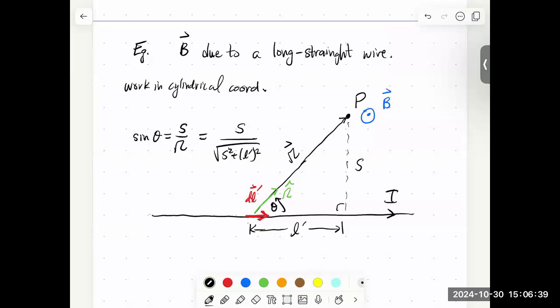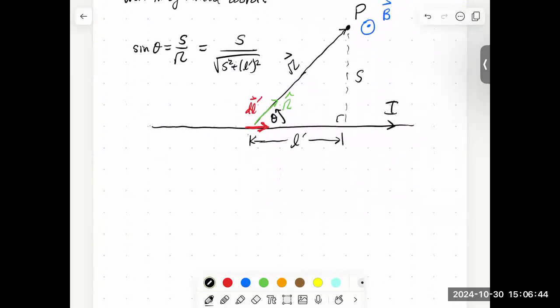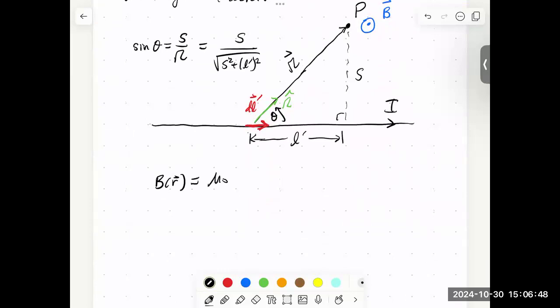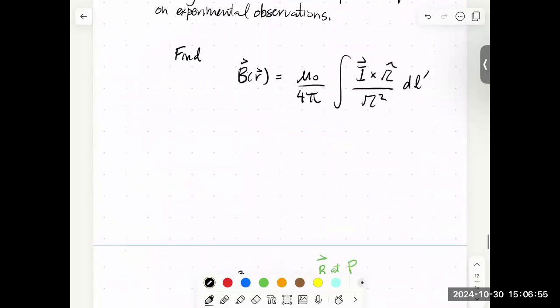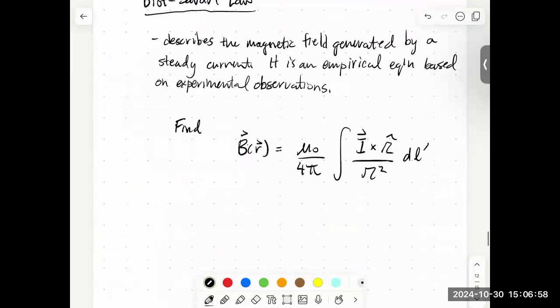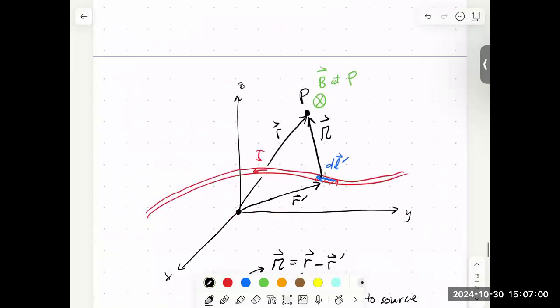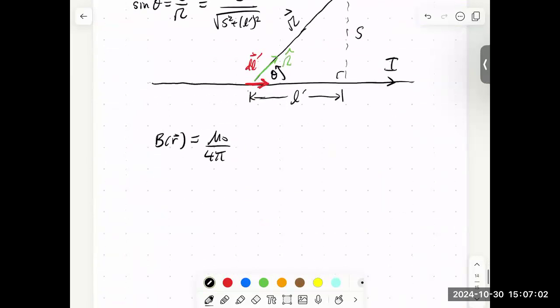Okay, so I think we're ready to start to try to apply the Biot-Savart law. So we have mu naught over 4 pi, and then the integral of I cross R hat over script R squared DL prime.